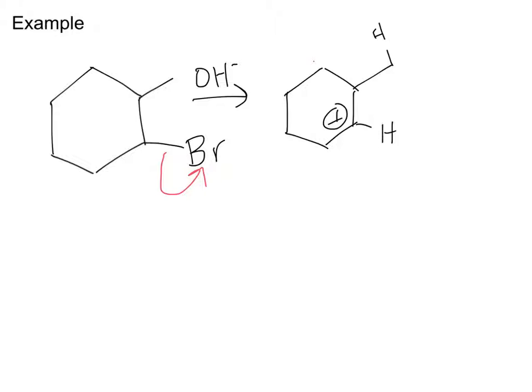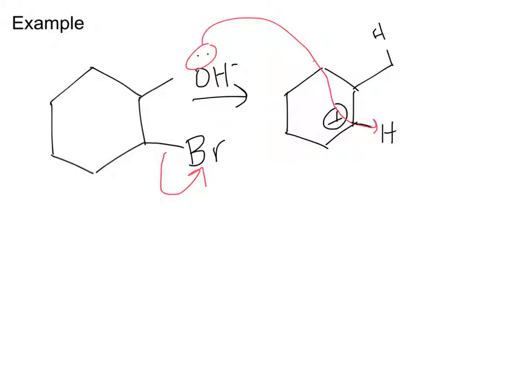Now, when determining which hydrogen to deprotonate, you must consider how stable the new product would be. Remember, for carbons, the more substitution, the greater the stability. So it makes most sense to deprotonate this hydrogen right here.